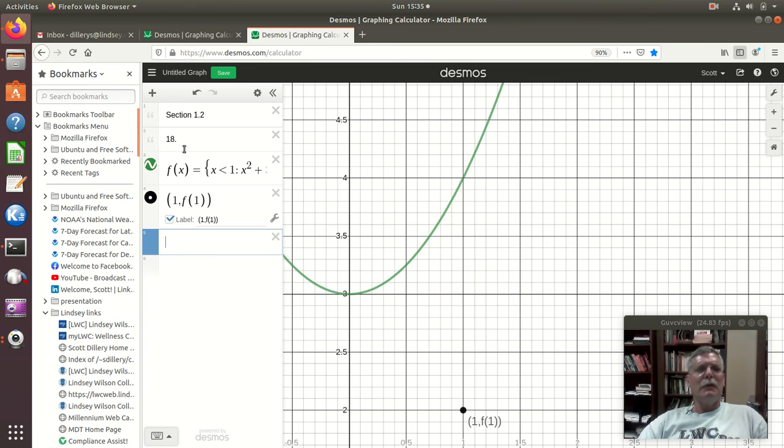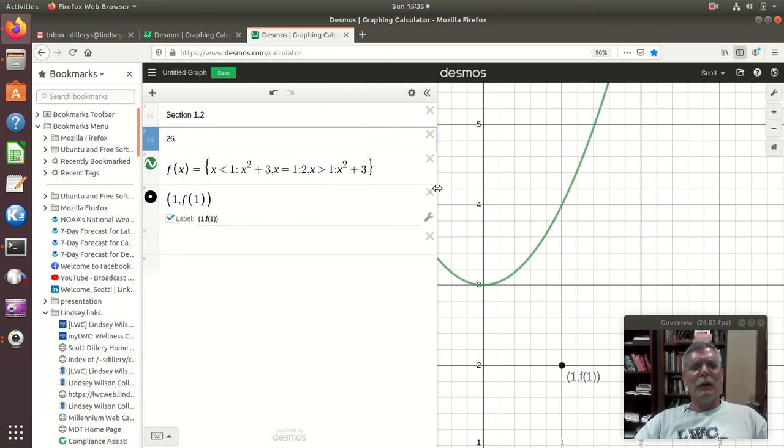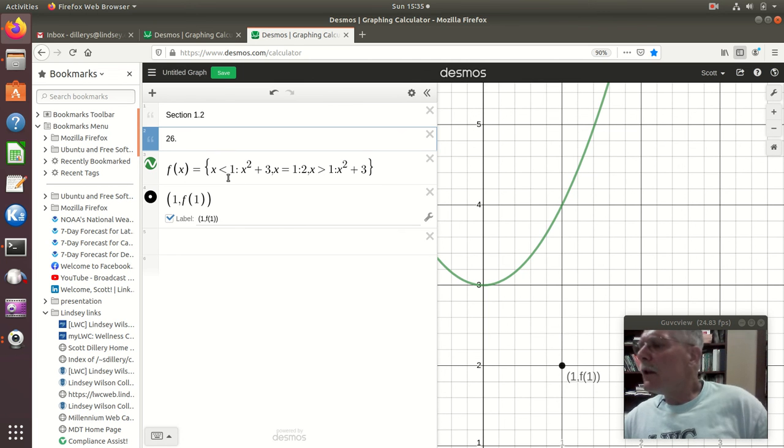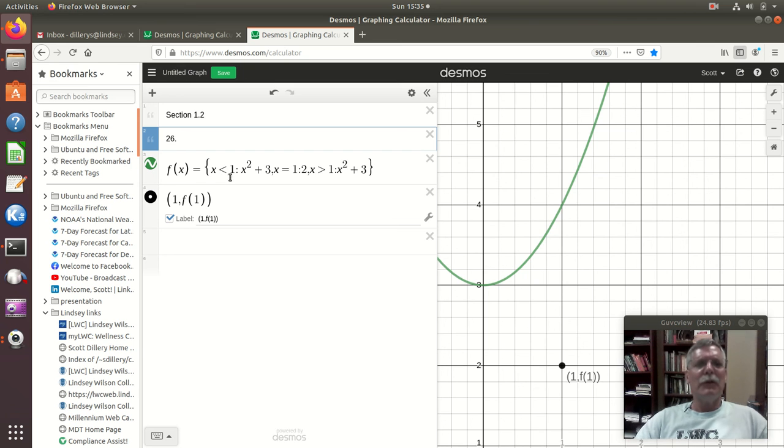So if I put in 26, I'll have to make this wide again so I've got plenty of room. Here it says in 26, if x is less than 0, so I'll make that less than 0, it's just the function sine x.